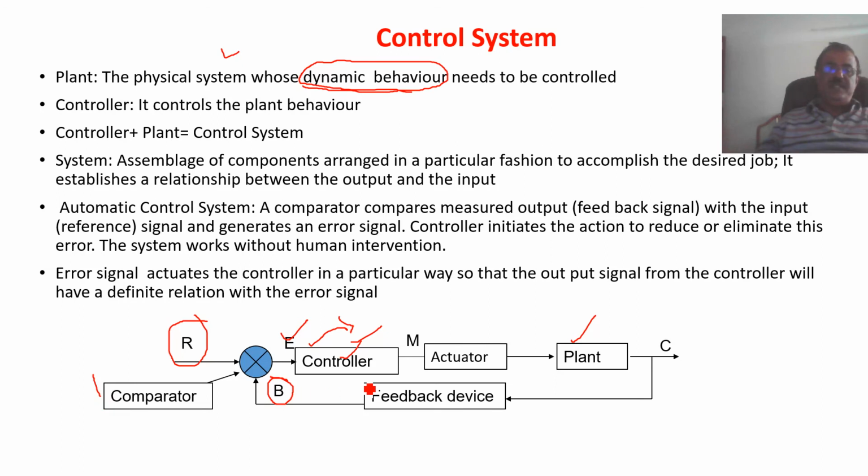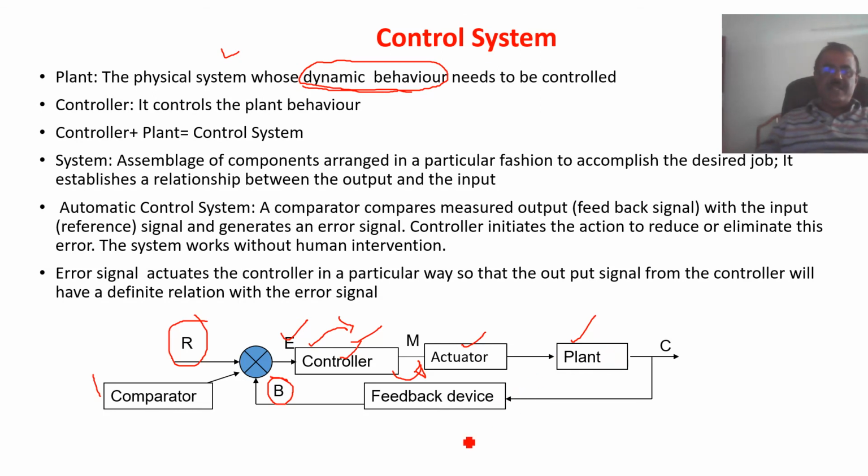When the controller initiates the corrective action, it operates the actuator. The actuator's job, as you have seen, is either opening or closing the throttle. It can be a mechanical, electrical, or hydropneumatic device, whatever it is. So we use the actuator on the plant.